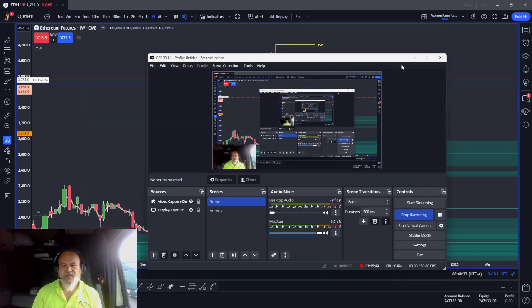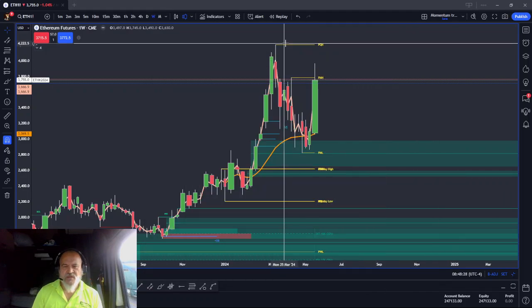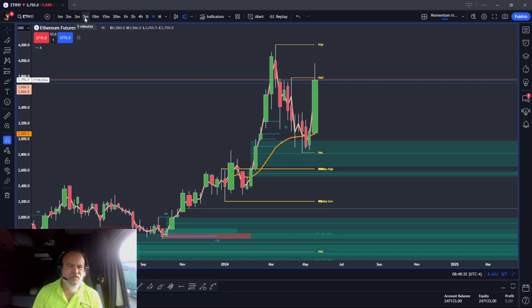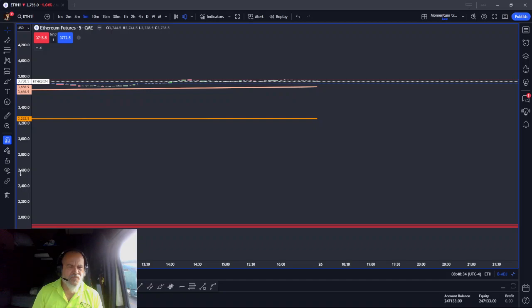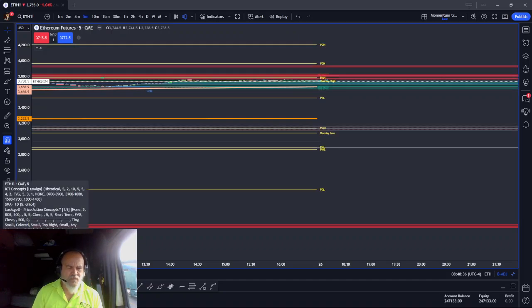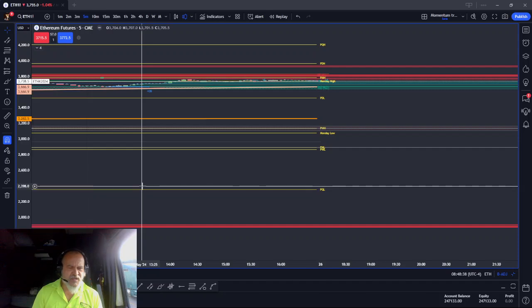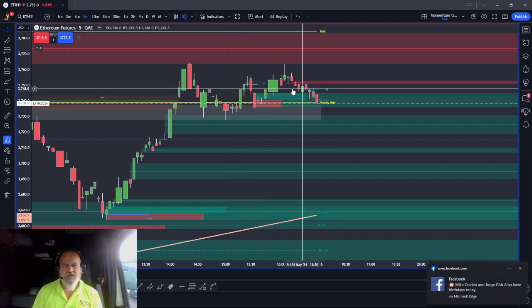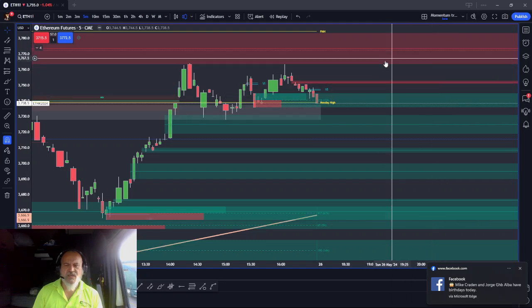But I think those are pretty much going to be the levels that I'm looking for during the trading session, to take trades from, instead of just trading from every fair value gap out there, because that just gets real noisy.